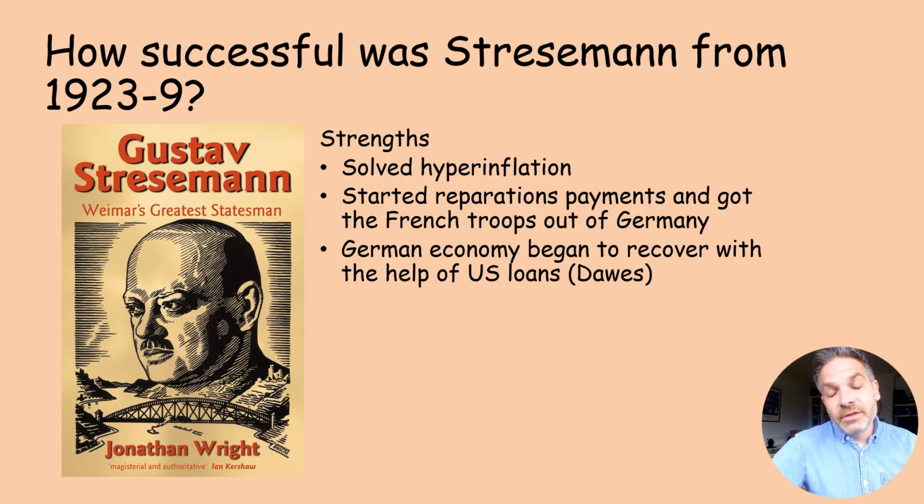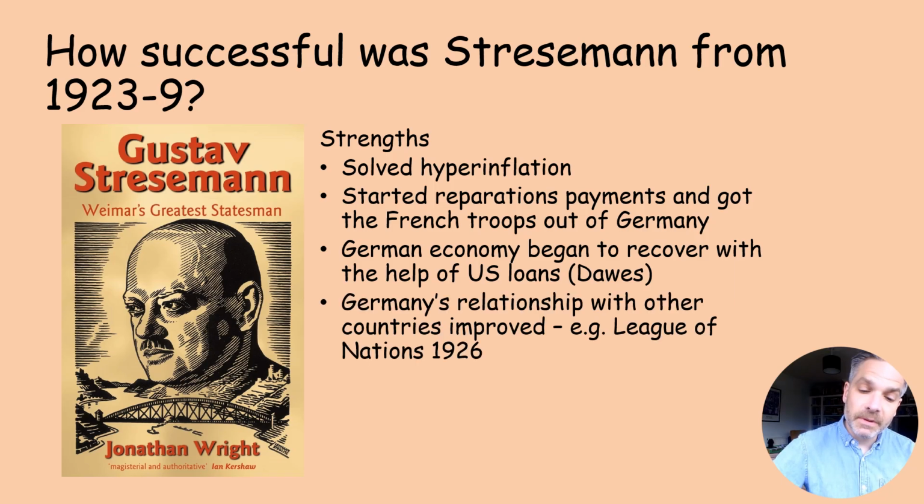Not only are the reparations payments lowered under the deals that his government makes, but also he is able to borrow money from America in order to invest in the German economy, the so-called Dawes Plan, and then later the Young Plan, which again reduces reparations. So that helps as well.